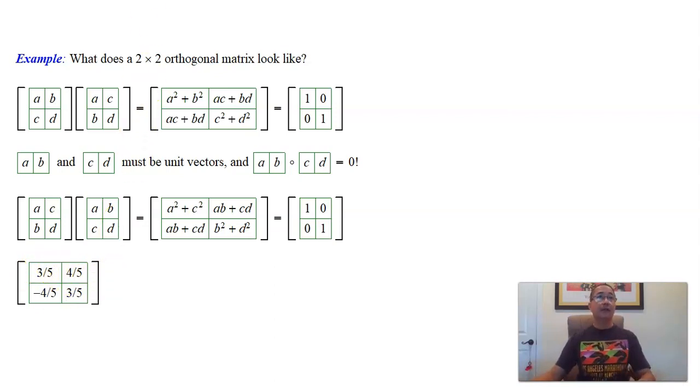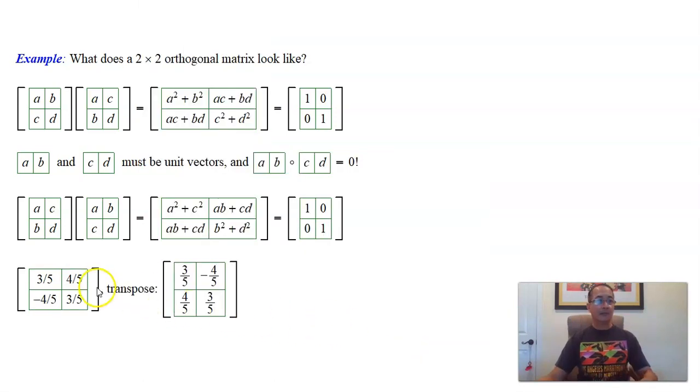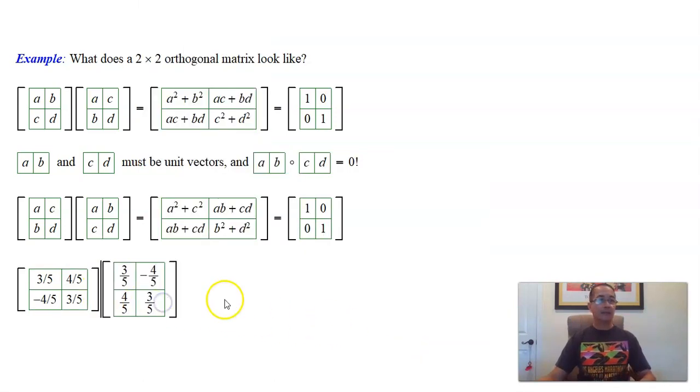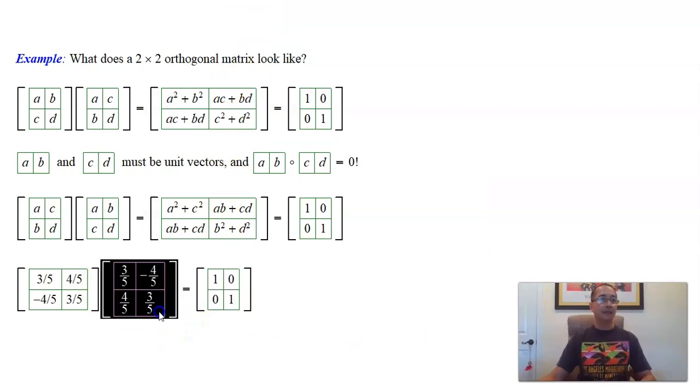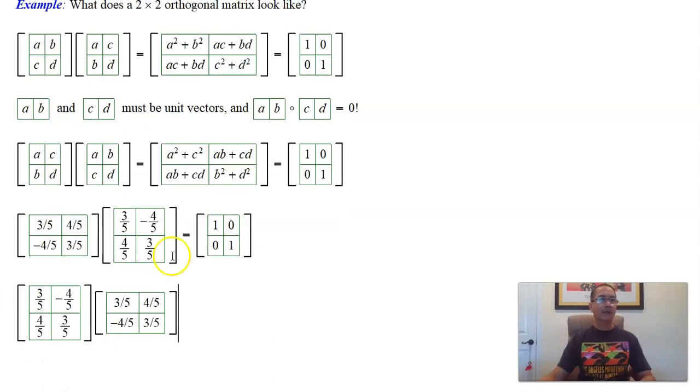So you can check again. Those are orthogonal columns and orthogonal rows. Transpose, multiply. Yep, that's the identity. Change order. Why am I even bothering? By the 2-for-1 theorem, that should also be right.